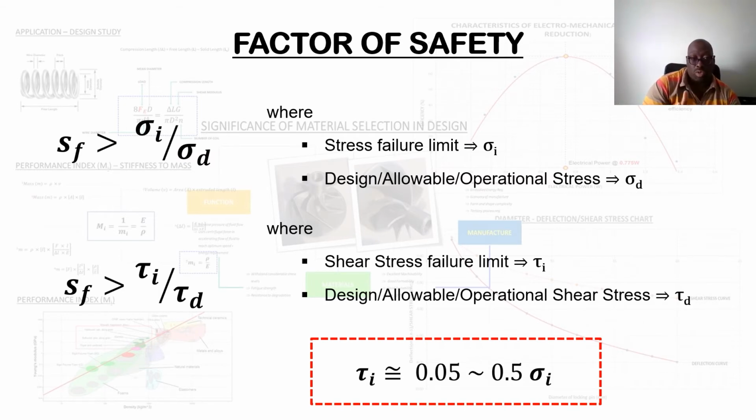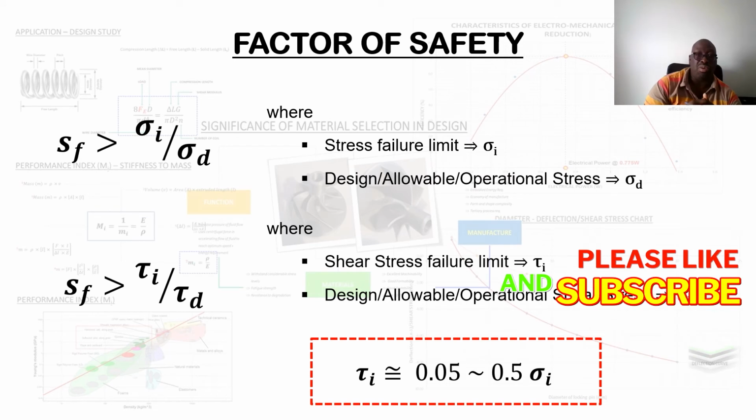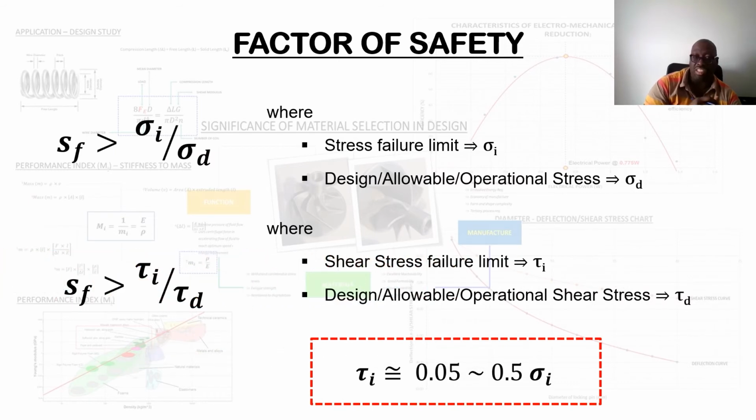Okay, so in terms of the relationship of the shear failure limit to the stress failure limit, it's normally between 0.5 to 0.5 of the yield limit of a given component, or whatever that stress limit is in terms of what the shear equivalent will be. And this is all dependent on the material.